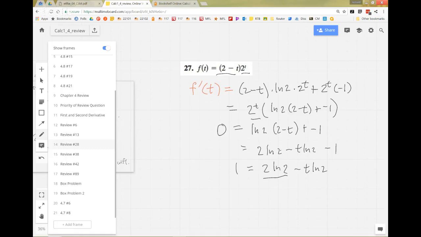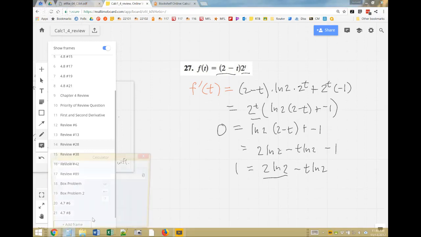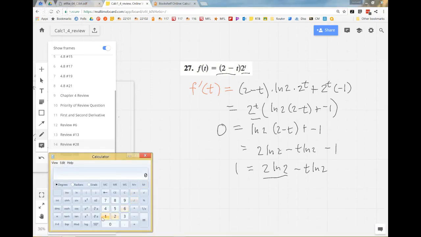Natural log of 2. Let's pull up the calculator. Okay. Where is natural log on here? There it is. So 2 natural log times 2.